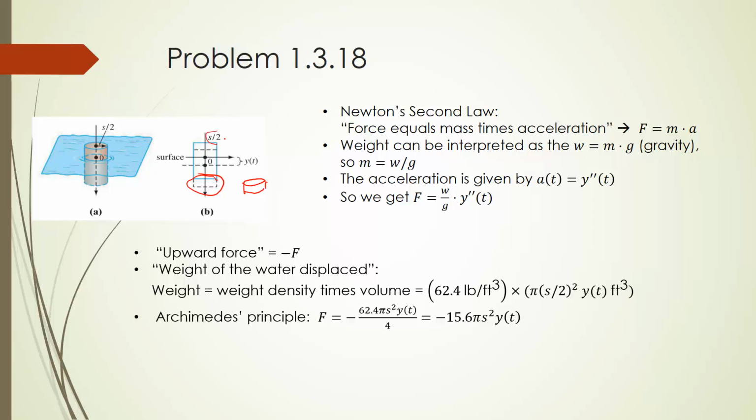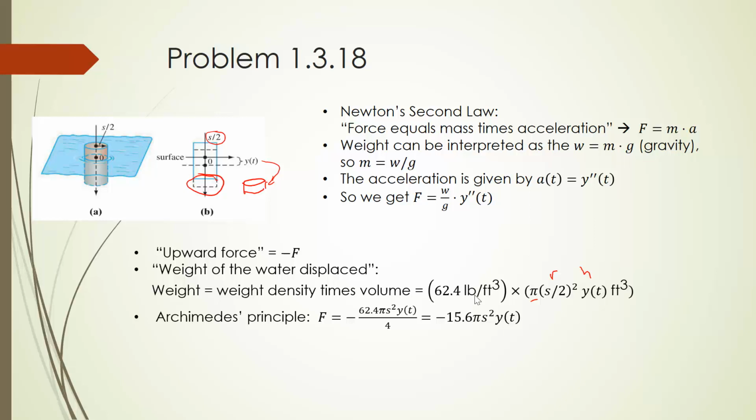So it has a radius of s over 2, and then it has a height of y of t. And so the volume of that cylinder is going to be given by pi times the radius, s over 2, squared, and then the height, which is y of t. That's the height of the cylinder.